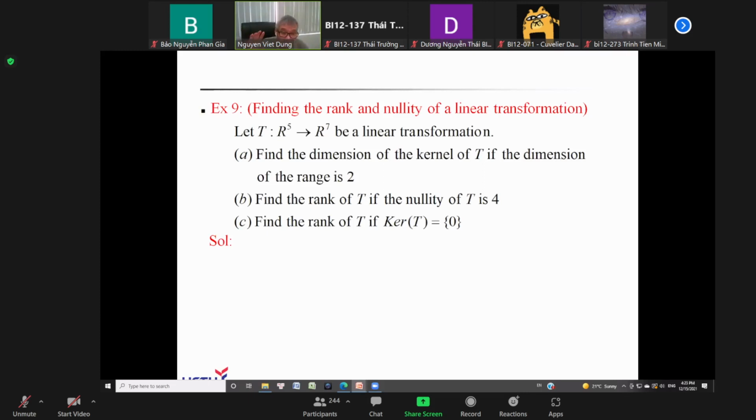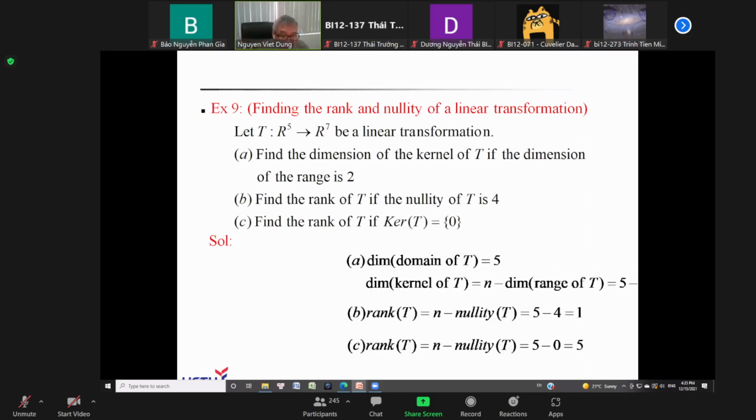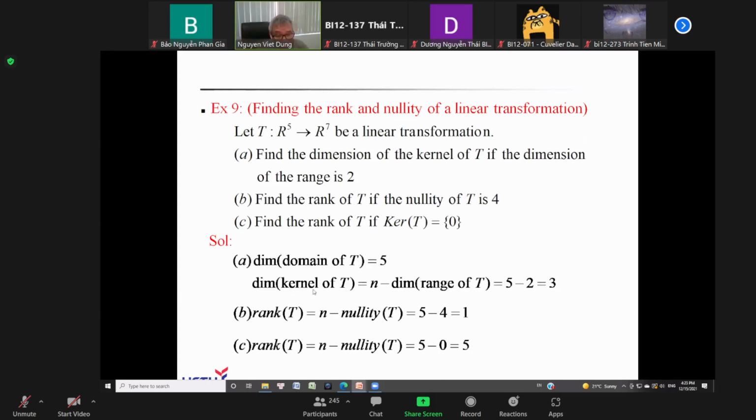To find the dimension of the kernel if we know already the dimension of the range, and that is something like that. And B and C again, they always use the relation between the rank and the nullity of T. So here it is explained in here.